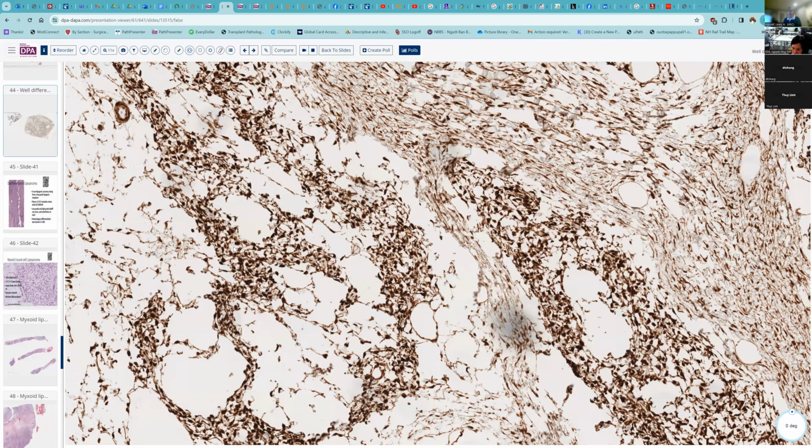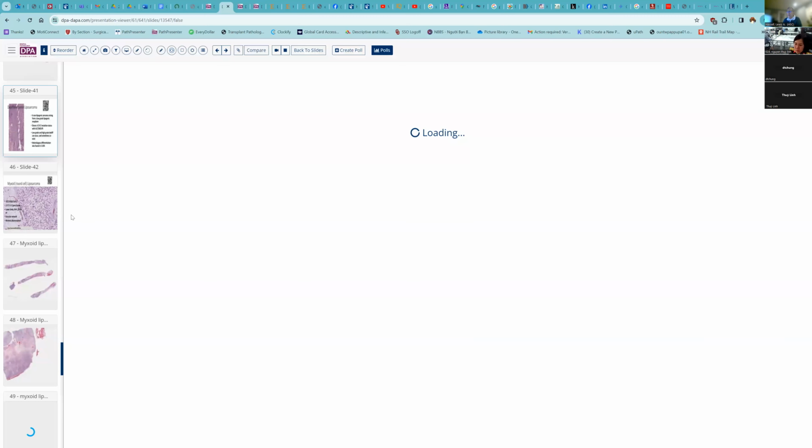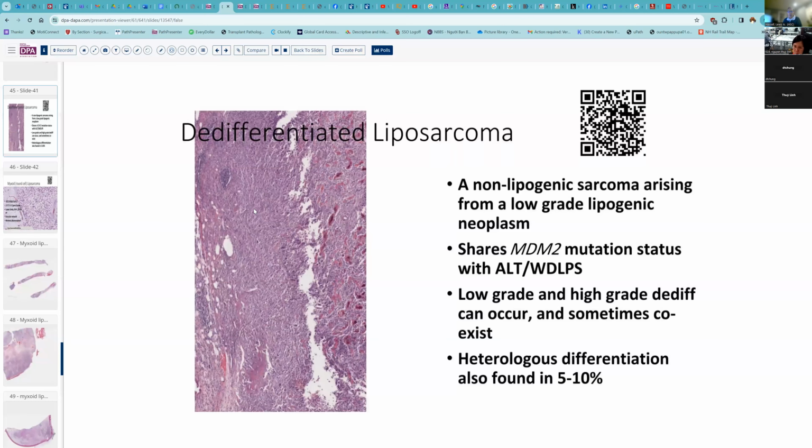Additionally, when you encounter the high-grade retroperitoneal tumor or dedifferentiated liposarcoma, that can have a variety of appearances, a variety of morphologies, usually with very little or no fat. That will also be positive with MDM2.